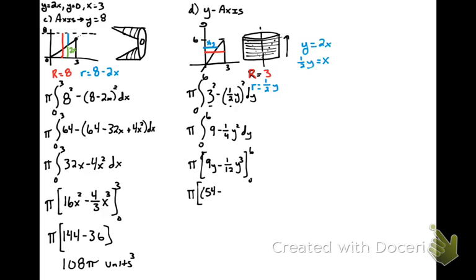So this will be 18 minus, substituting in 0, we'll get 0. And cleaning this up just a bit, we would end up with a volume of 36 pi units cubed.